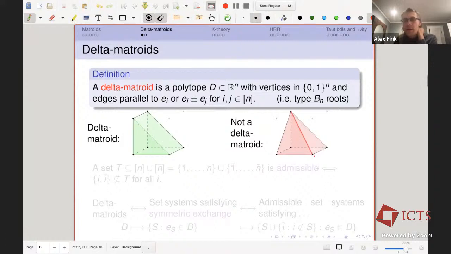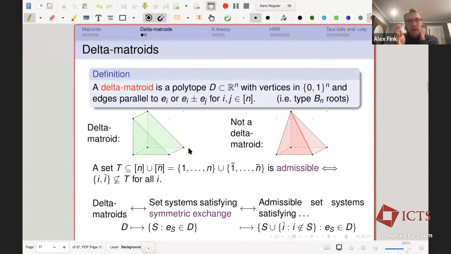So there is an illicit direction of edge between these 2 points. So that's not a delta-matroid. But there's no such bad edge direction in this green polytope. So that is a delta-matroid. Parallel definition to the one I gave for matroid.